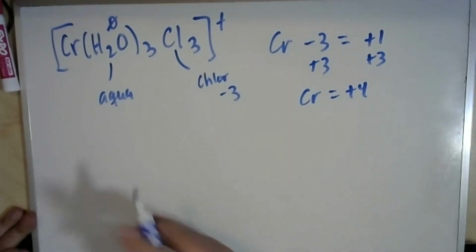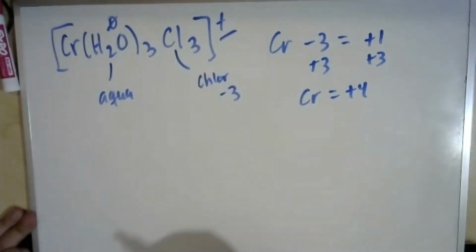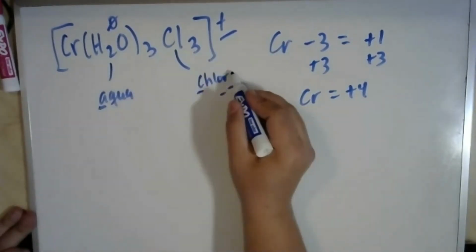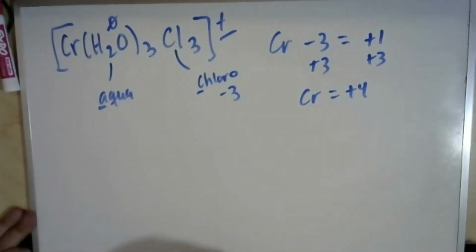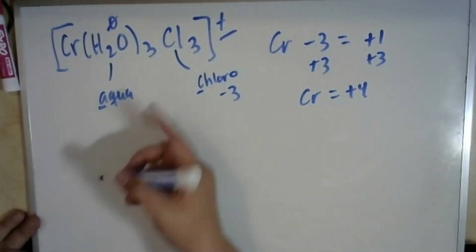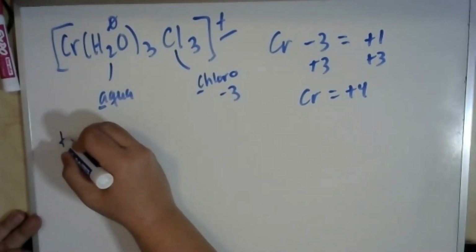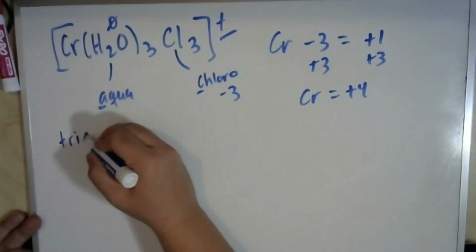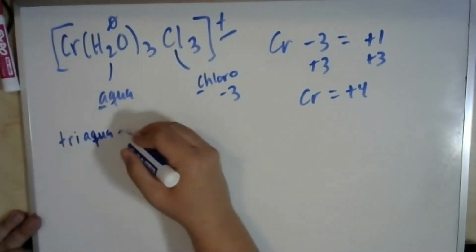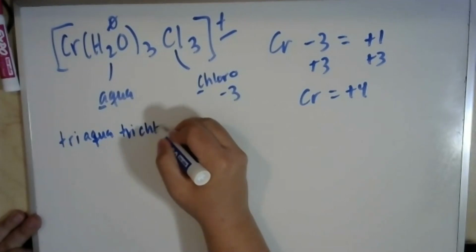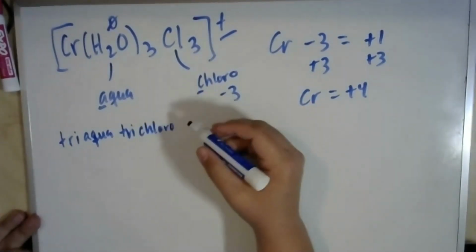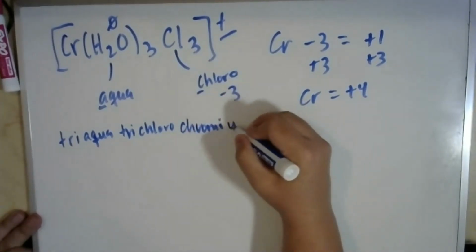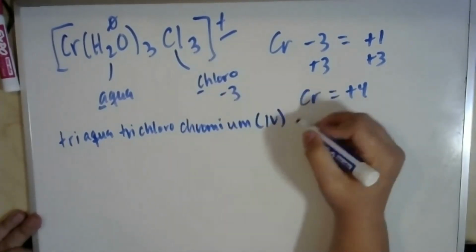Okay. This is a complex cation again, we know because it has a positive charge up here. I'm going to have to put my aqua before my chloro because A is before C. And now I can name that: triaqua, trichloro, chromium 4 ion.